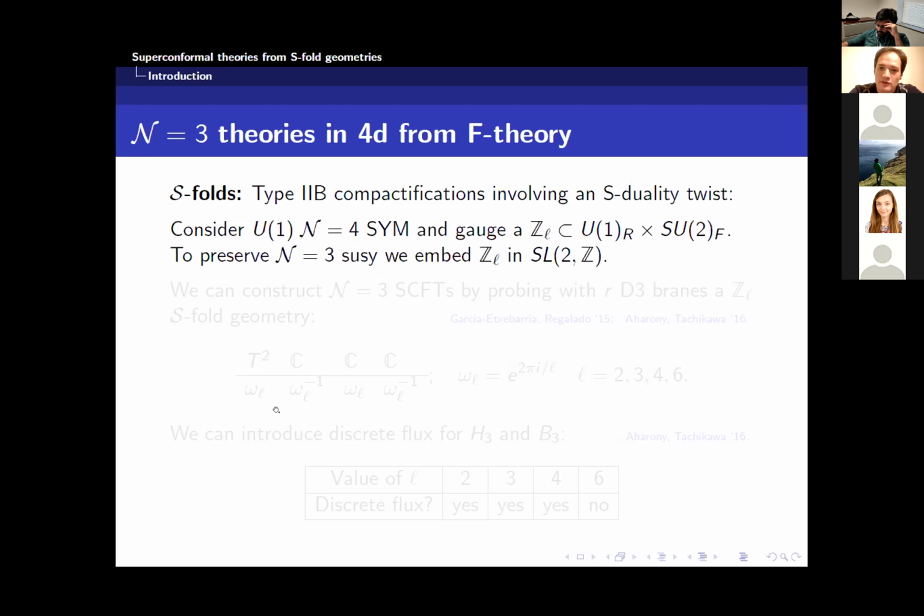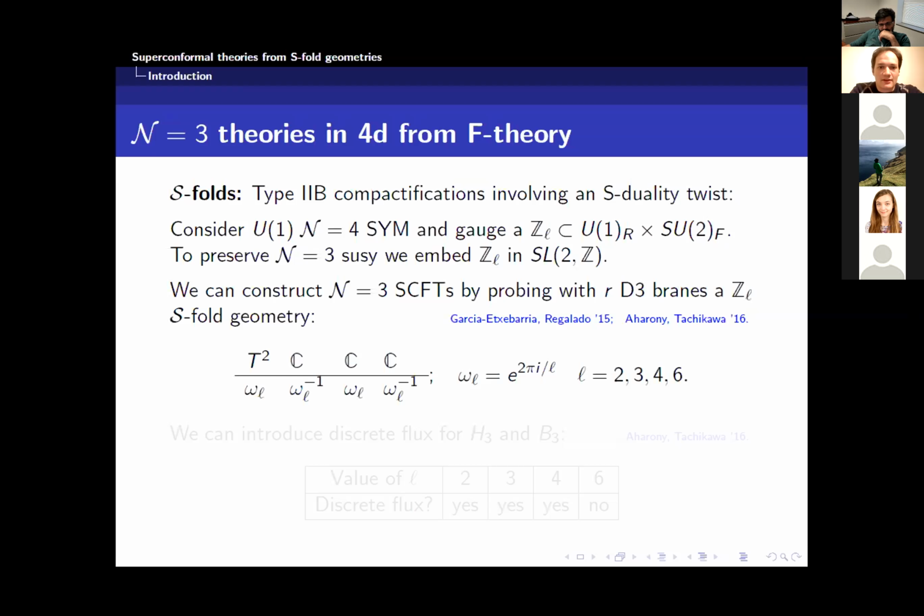What we do now is to gauge a Z_L discrete group, which is embedded diagonally inside U(1)_R and SU(2)_F. This naively breaks supersymmetry, but we can remedy this by also embedding Z_L inside the S-duality group of N=4. In this way, we can preserve N=3 supersymmetry.